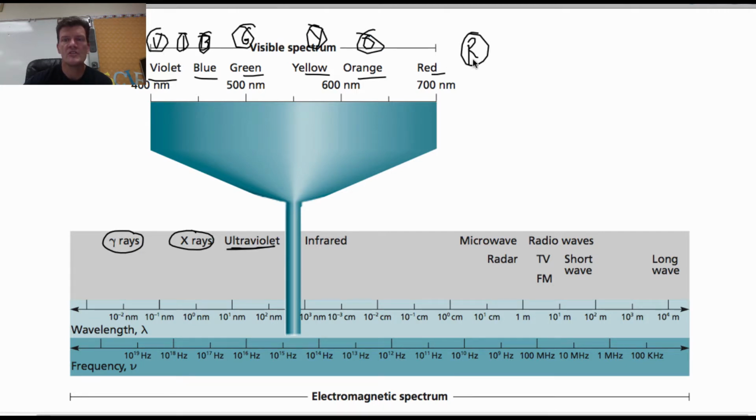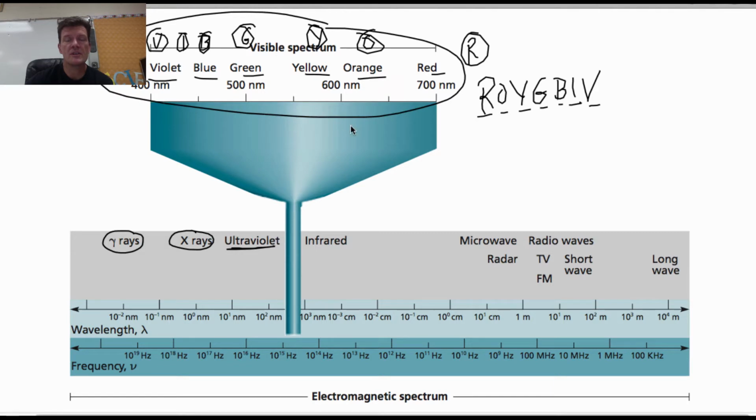R-O-Y-G-B-I-V. Roy G. Biv stands for red, orange, yellow, green, blue, indigo. It's not mentioned here, but it's one of them, and then violet. Okay? So this is the portion of the electromagnetic radiation spectrum that involves the visible light that we're familiar with.